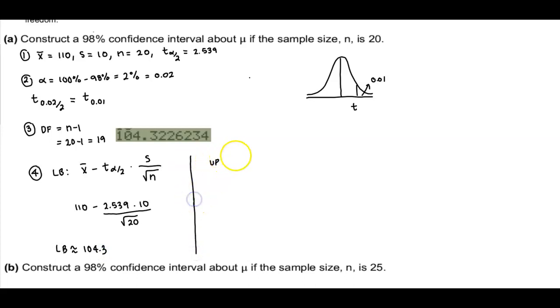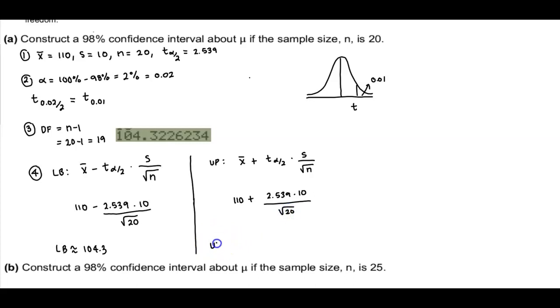The upper bound is x bar plus the critical value times the standard deviation over the square root of n. So we have 110 plus 2.539 times the standard deviation divided by the square root of 20.